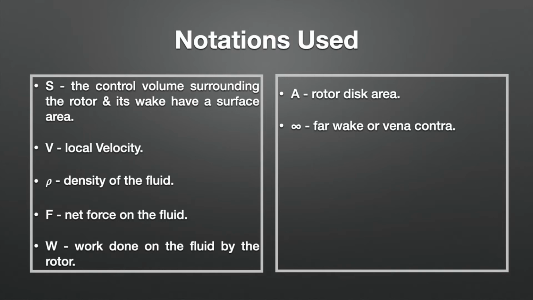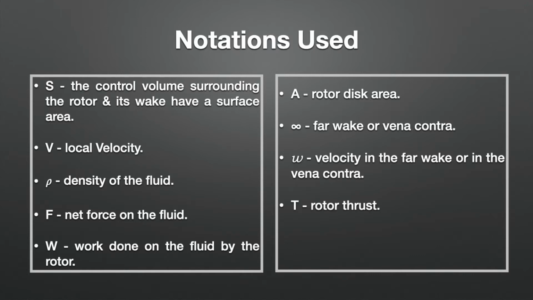It is the plane of the vena contracta region. Next is omega, the velocity in the far wake or in the vena contracta region. Capital T is the rotor thrust. Next, Vi is the induced velocity in the plane of the rotor. So these are some of the major notations used in the momentum theory analysis.